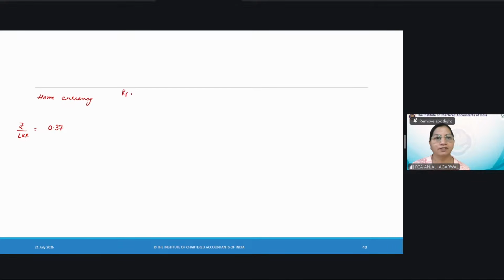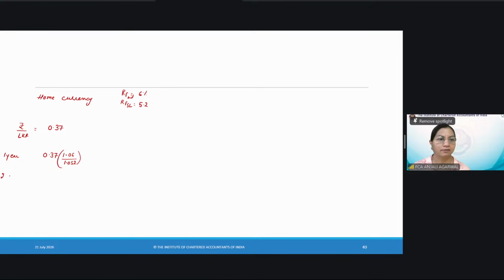Risk-free rate in India, 6%. Risk-free rate in Sri Lanka, 5.2%. So the 1 year forward rate is 0.37 multiplied by 1.06 divided by 1.052.